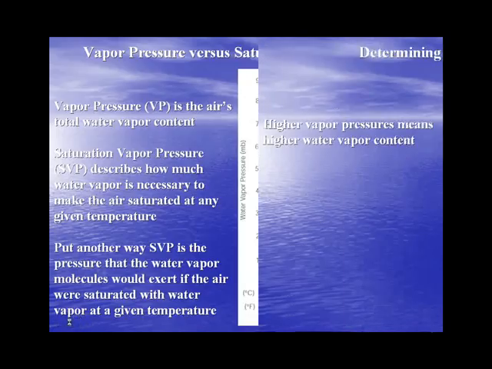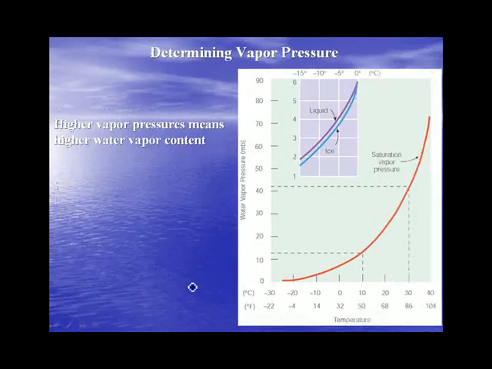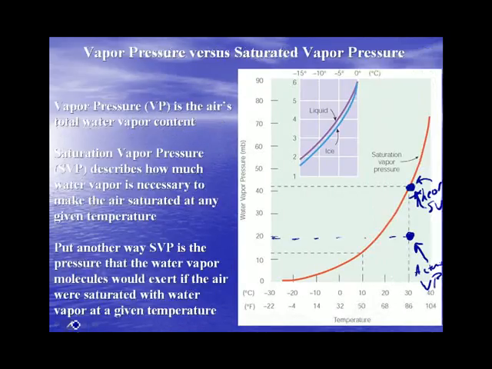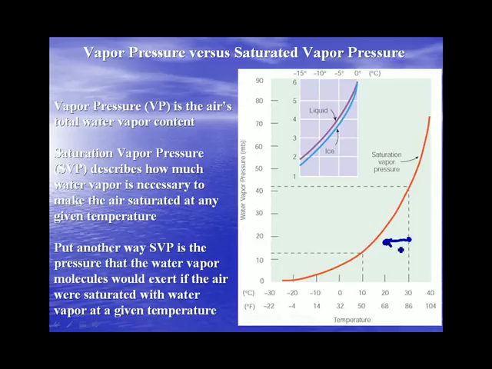Let's say, for example, let me go ahead and erase this here. Let's say, for instance, we took that air parcel that we had and we cooled it to 20 degrees Celsius. It still has the same amount of water vapor, right? It's still at about 20.